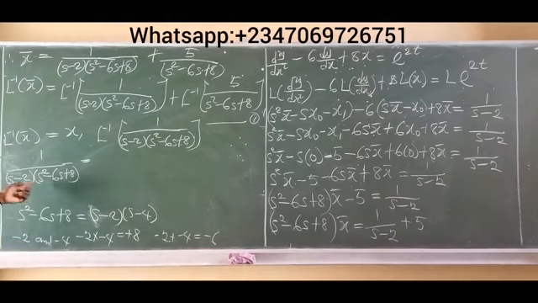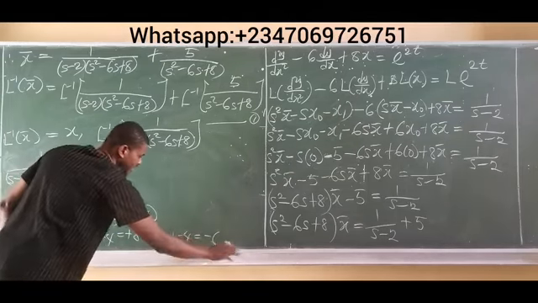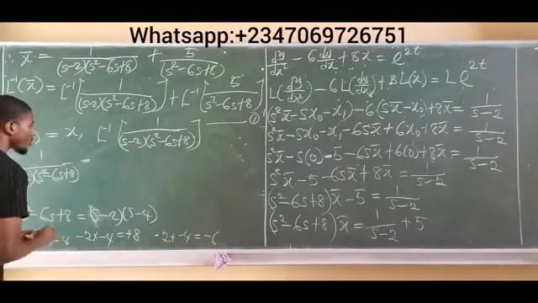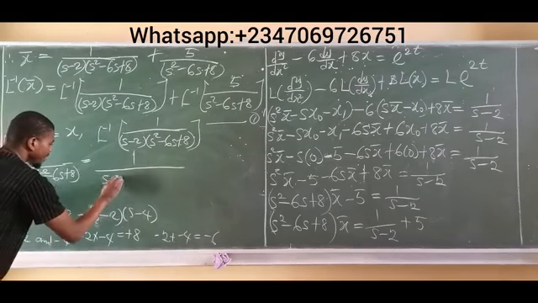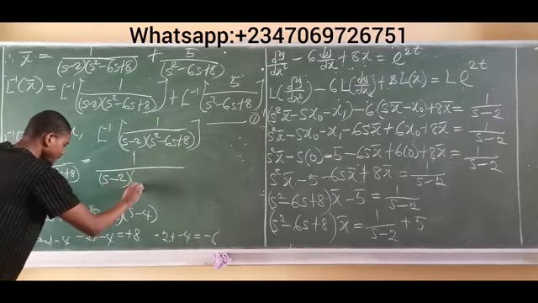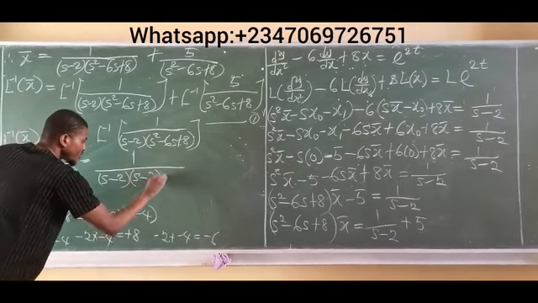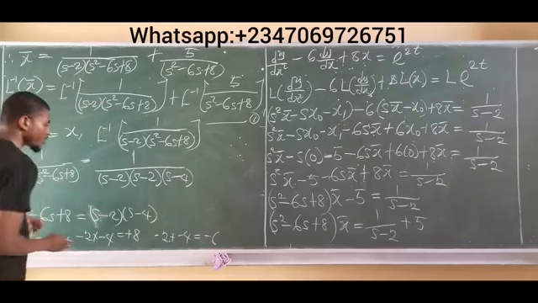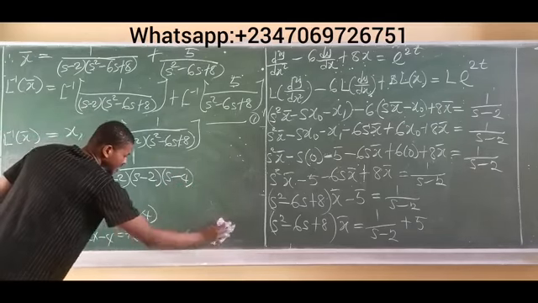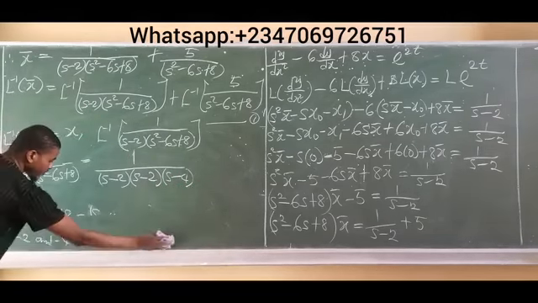So it means that we can actually break this down further into x minus 2 and x minus 4. So we can now rewrite that equation. This is now equal to 1 all over x minus 2 times x minus 2 times x minus 4.